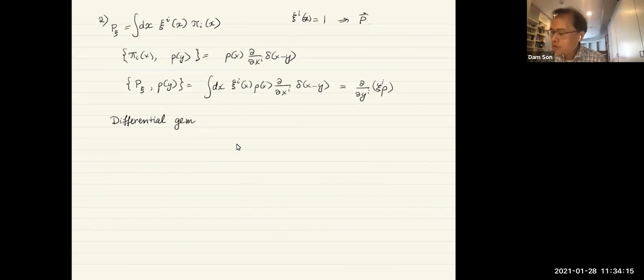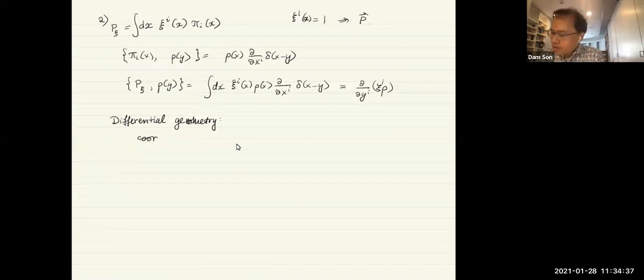I'm going to consider differential geometry of space, not space-time as in general relativity.